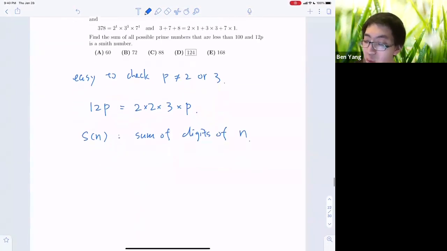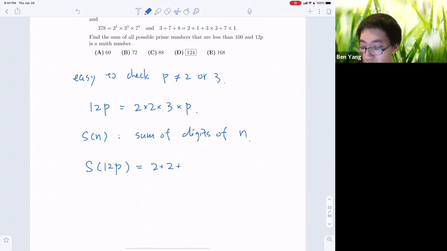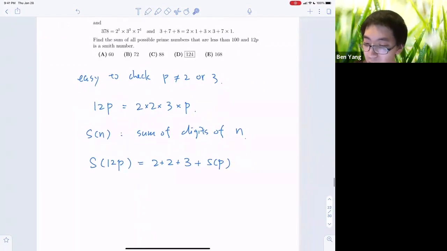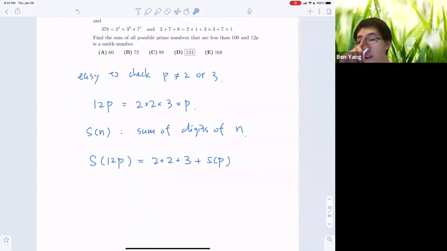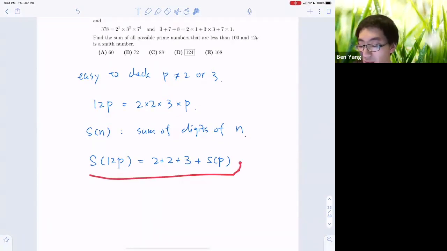Then since 12P is a Smith number, we know that S(12P) should be equal to 2 plus 2 plus 3 plus S(P). So basically we want to find a prime number P that is less than 100 such that this is true.